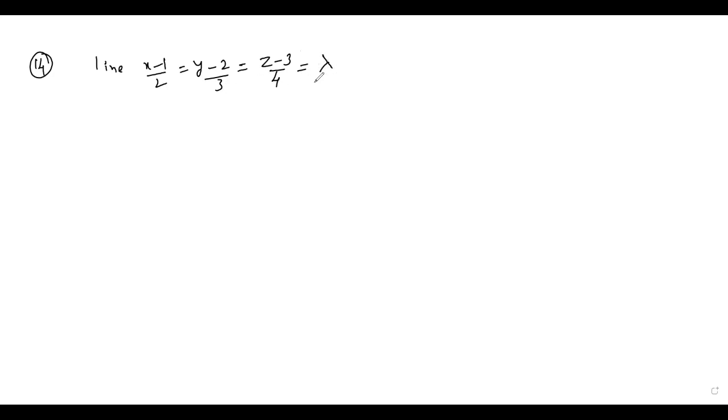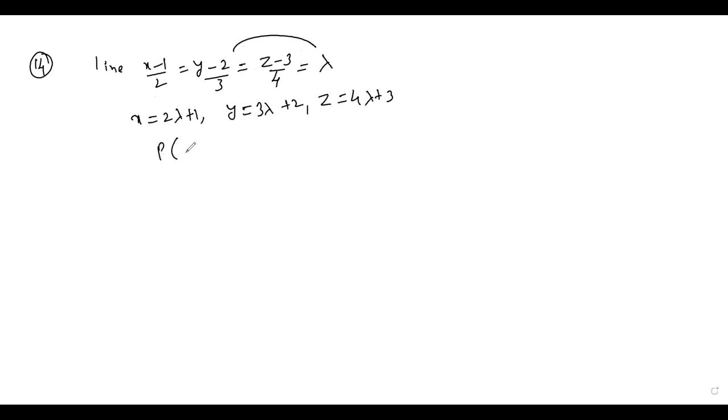To find that, I'm equating to lambda, the proportional constant. From this, x value is 2 lambda plus 1 by cross multiplying. Y is 3 lambda plus 2. Z is equal to 4 lambda plus 3. This is a common intersecting point between line and plane.